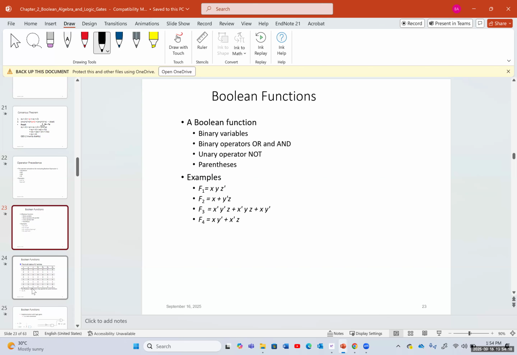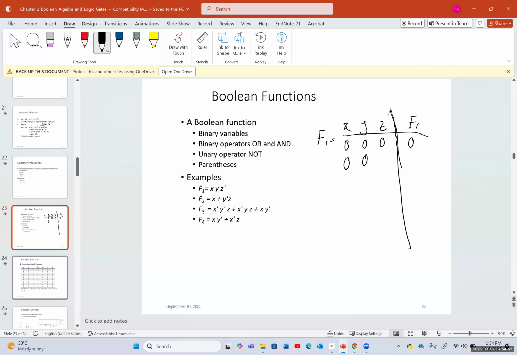Now, I can solve this using the truth table. So for example, for f1, I can write a truth table, x, y, and z, and we have f1 as the answer. If x is 0, y is 0, and z is 0, what would f1 be? 0.